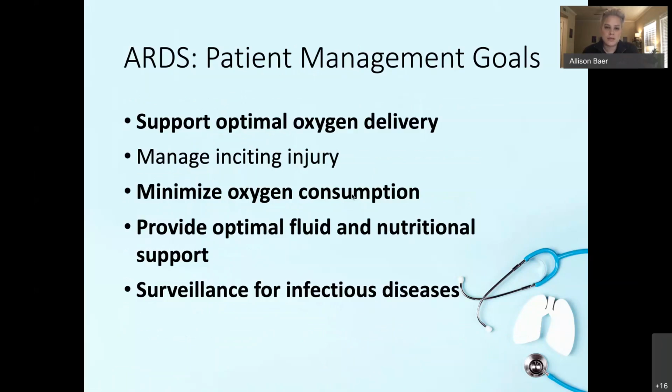So optimize their oxygen delivery, minimize their oxygen consumption. So these are patients you're going to want to sedate, try to decrease their O2 demand, make sure they're not feverish. Anything you can do to try to minimize how much oxygen their body needs so that the oxygen they have can go where it needs to go. You want optimal fluid and nutritional support, and then check for any infectious diseases or, like I said, find the cause.